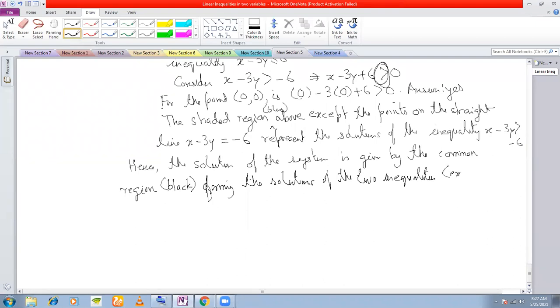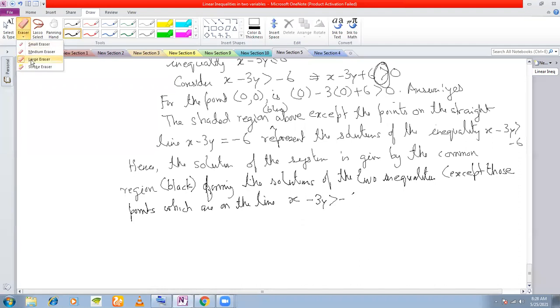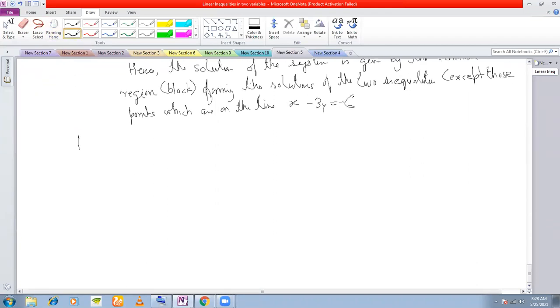And in brackets, you'll write except those points which are on the line x minus 3y is equal to minus 6. Clear with this? We'll move on to the next one then.